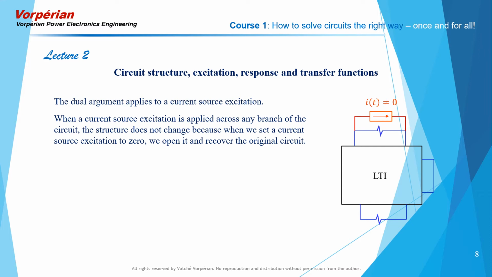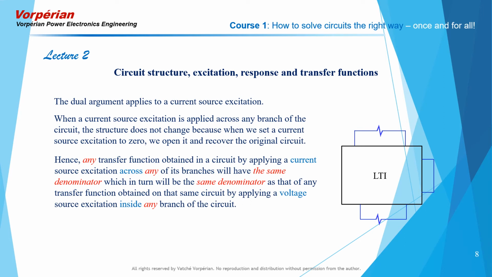In the same way, if I were to apply a voltage source inside a branch of this circuit, any one of the branches in the circuit, and obtain different kinds of transfer functions, the denominator of all those transfer functions will be the same, and they will be the same as those of the transfer functions obtained by applying a current source across any one of the branches inside the circuit.